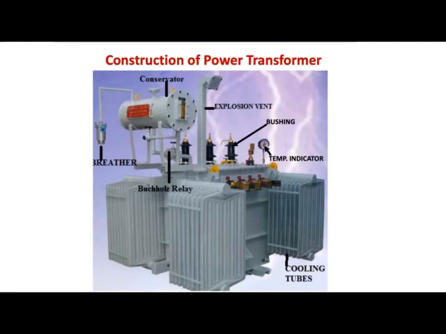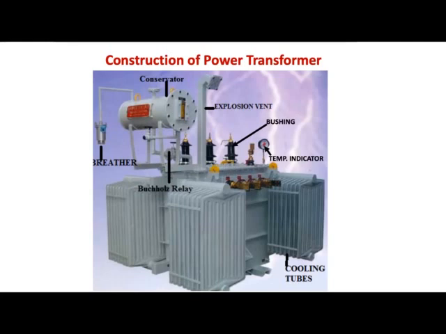Suppose there is some heavy short circuit inside the transformer, and there will be a lot of decomposition of the transformer oil, so pressure builds up from the gas released, and that gas needs an escape vent. That escape vent is provided with the help of the explosion vent. There is a small thin diaphragm, and in case of emergency, that diaphragm blows off and gives a path for the inside pressure to be released.